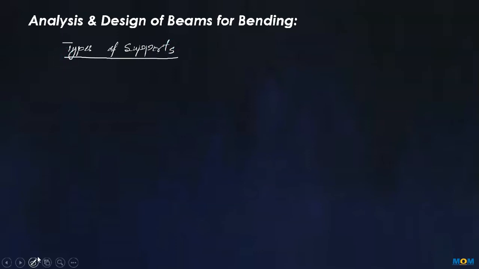In this, the first one is the hinged support, also known as the pin or riveted support.